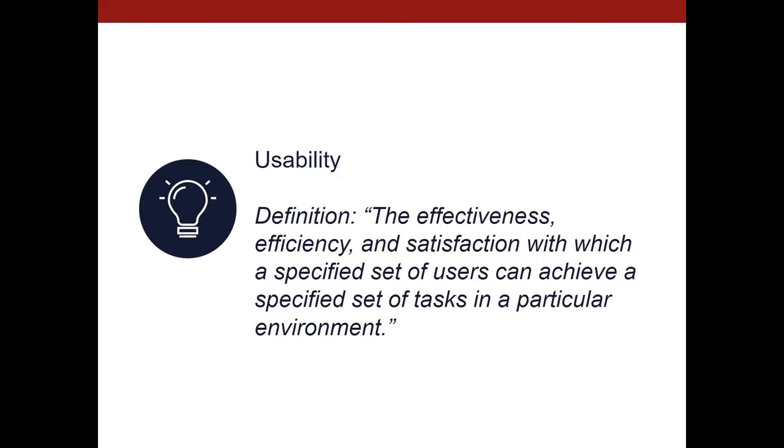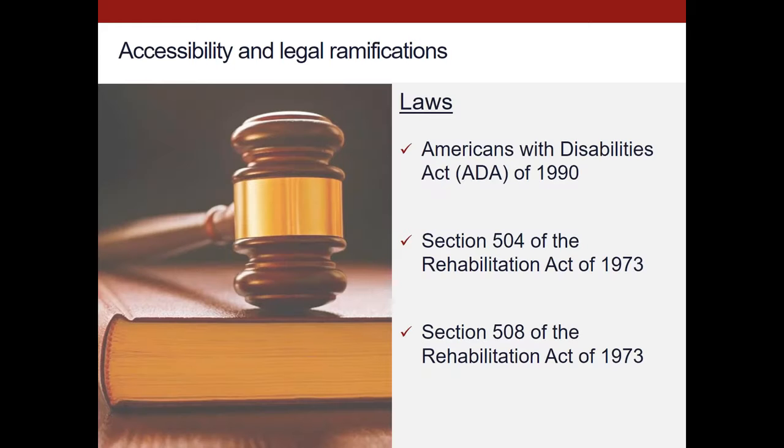So a few laws codify all of this. We have the Americans with Disabilities Act, which is a broad anti-discrimination law for people with disabilities. And then we have Section 504 of the Rehabilitation Act. It protects the civil rights of people with disabilities by requiring all federal entities and organizations that receive federal funding to make accommodations for equal access.